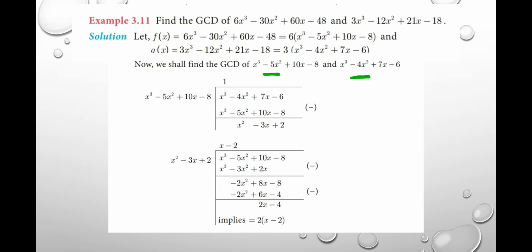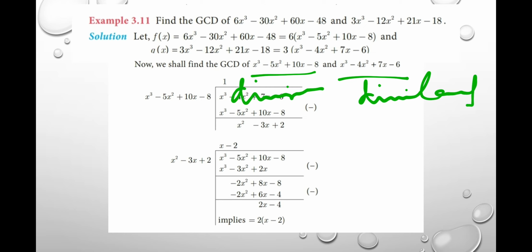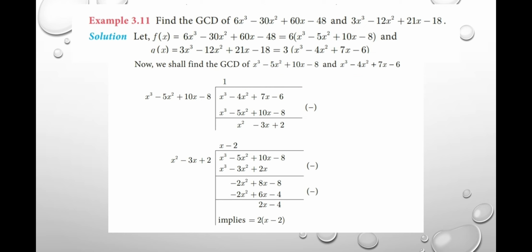Which is biggest here? Minus 4 is the biggest coefficient, so take this one as dividend. So the dividend f of x is x cube minus 4x square plus 7x minus 6, and the divisor is x cube minus 5x square plus 10x minus 8.